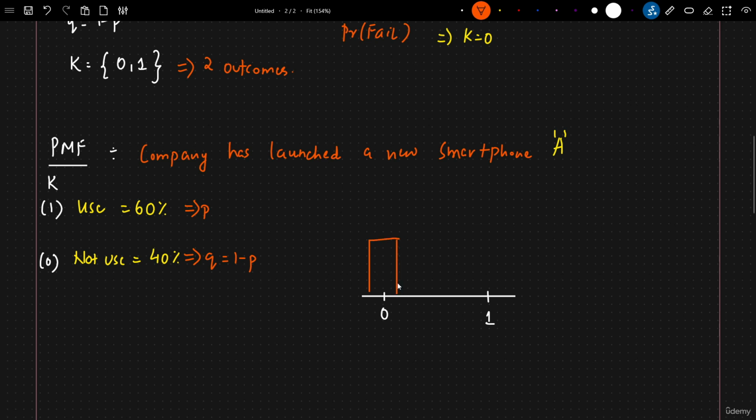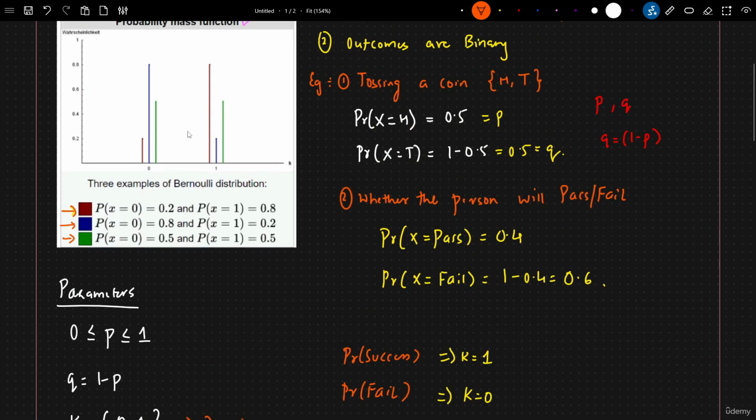This will probably give the value as 0.4. Let's say I'm just going to construct it over here on my y-axis. Let's say this is 0.4 and this is 0.6. Then for the 1 event, you'll be able to see that I will be getting this value, right? So that is what we have constructed like this.